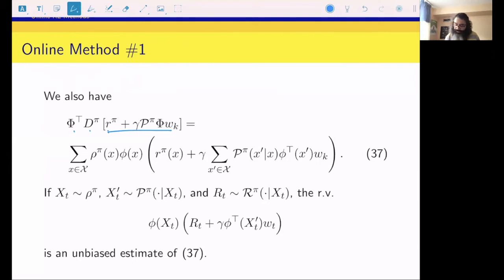If we write this, it would be the summation over x of rho_pi of x, the probability of being at state x according to the stationary distribution, times phi of x, times r_pi of x plus gamma times phi transpose of x prime times w, where x prime comes from the next state distribution.